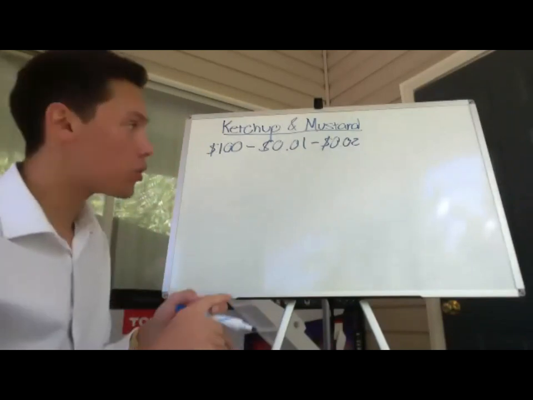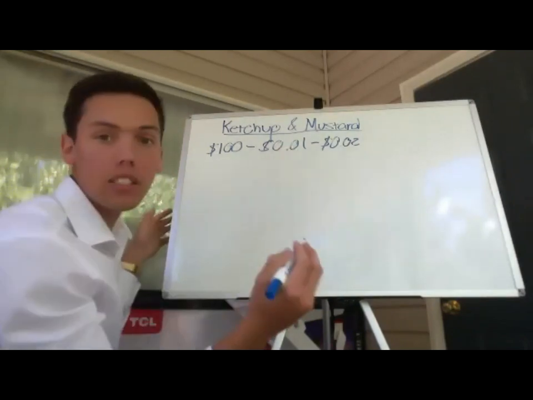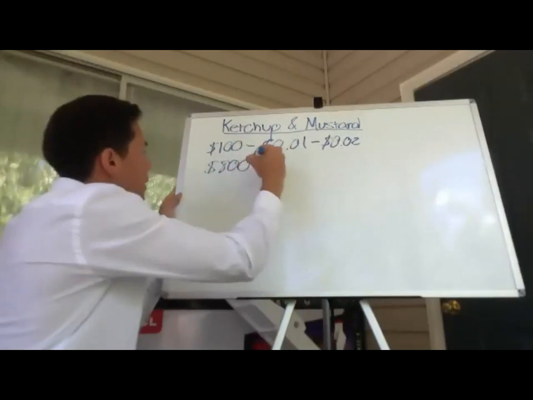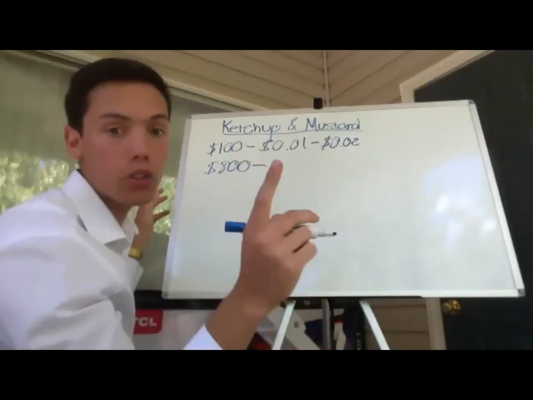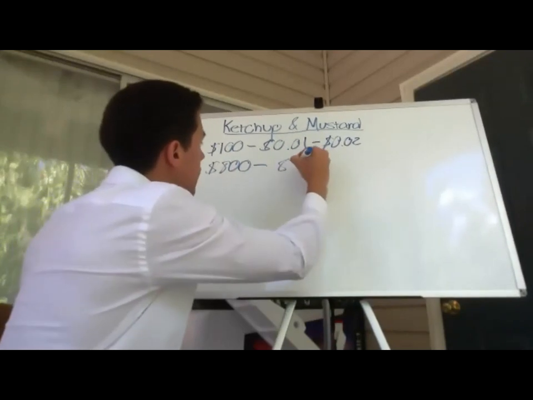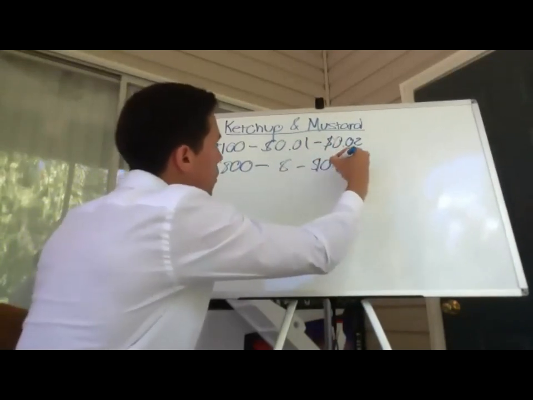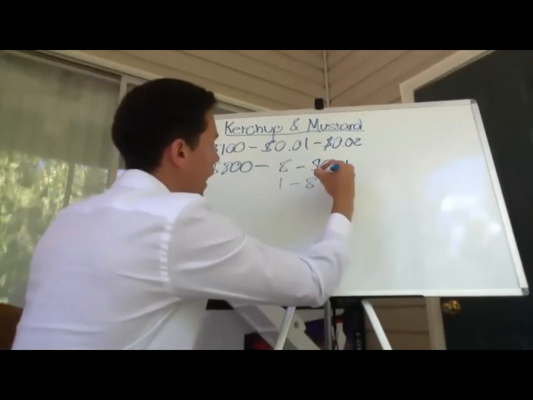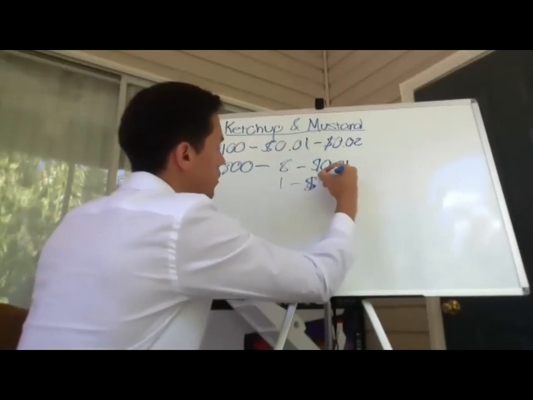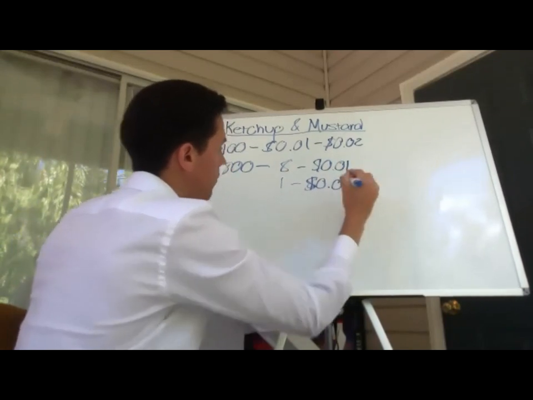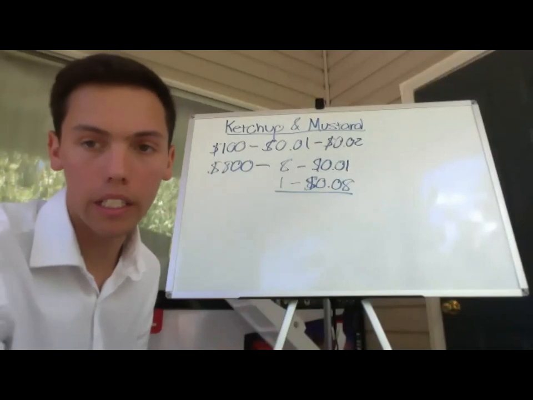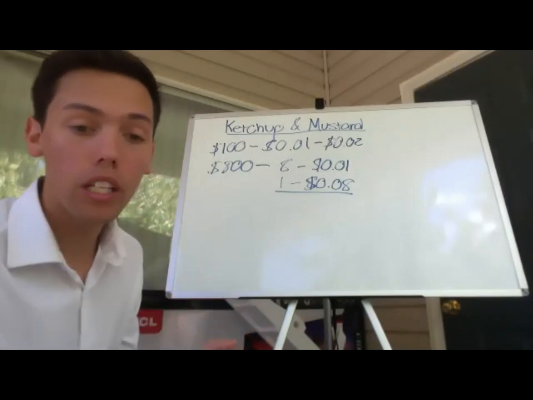Let me explain that a little further. Say you have $800 in your account, you can do 8 trades at a 0.01, or you can do 1 trade at a 0.08. That's what our risk management would be on this trade. So we're only using 1% of our $100.